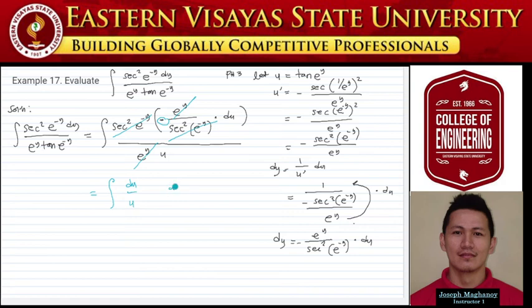So you can apply your third formula: ln of absolute value of u plus c. Okay, so we still have negative here, so don't forget to write your negative.